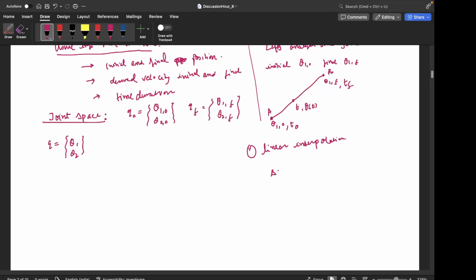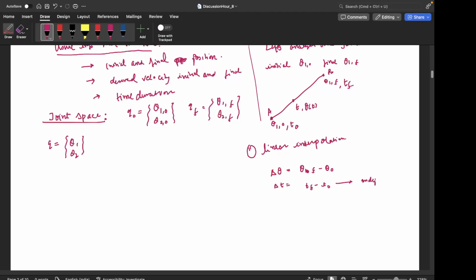I will drop the subscript 1 and just write theta f and theta 0, because the same can be done for any joint. The delta t is tf minus t0.